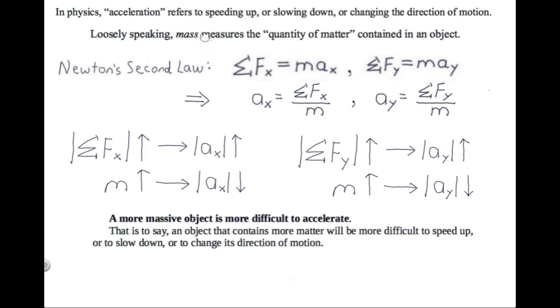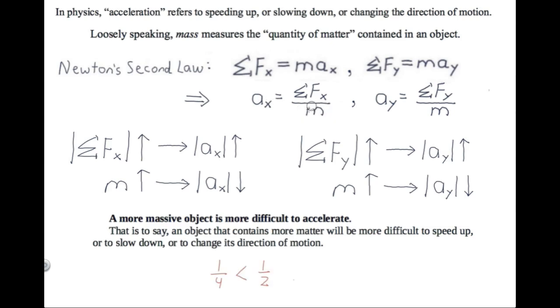Remember, mass measures the quantity of matter that is contained in the object. Since m is on the bottom of the fraction, these versions of Newton's second law show us that increasing the object's mass while holding the net force constant will decrease the magnitude of the object's acceleration.